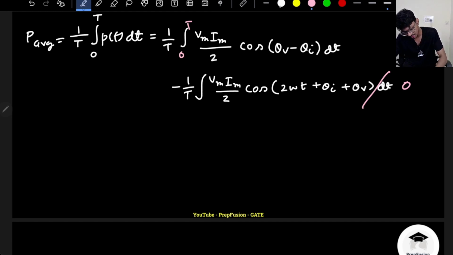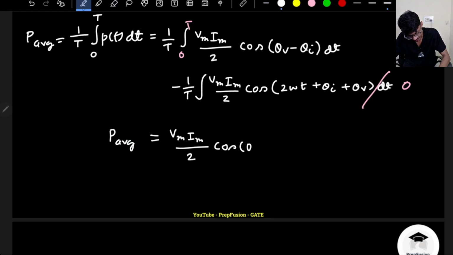So ultimately the value that comes out, that is my P average, is Vm Im by 2 cos of (theta v minus theta i). This is the ultimate value that comes out.